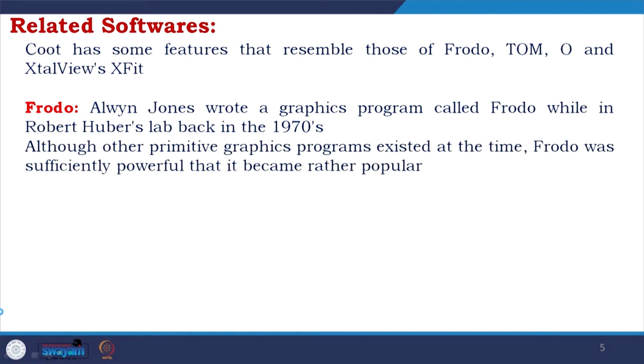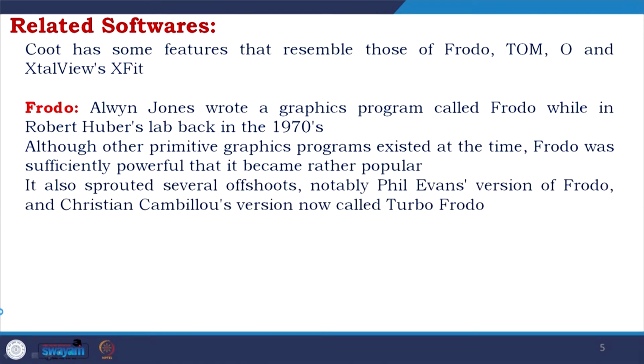Although other primitive graphic programs existed at that time, Frodo was sufficiently powerful that it became very popular. It also sprouted several offshoots, notably Phil Evans' version of Frodo and Christian Cambillau's version, now called TurboFrodo.